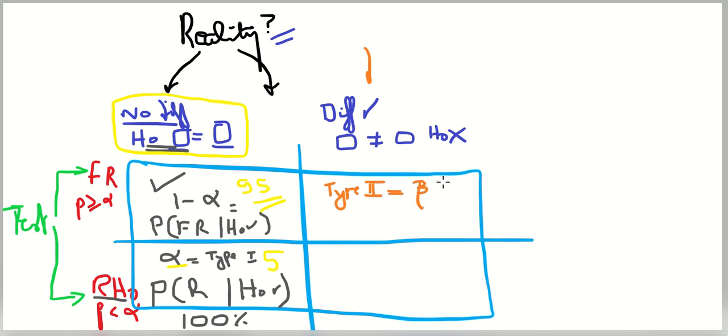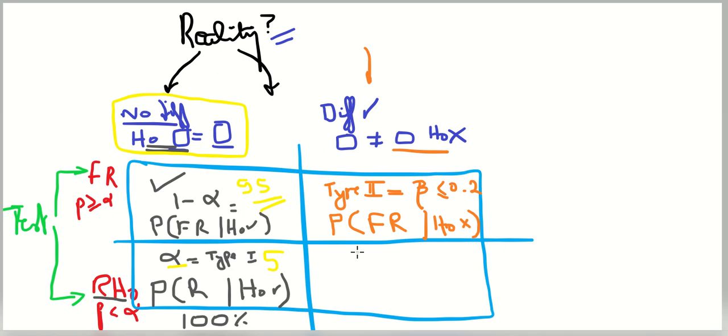And we said beta has to be less than or equal to 20%, so 0.2. It's a conditional probability. The condition is that the null is false. This is the probability of failing to reject the false null hypothesis, and therefore it is an error.